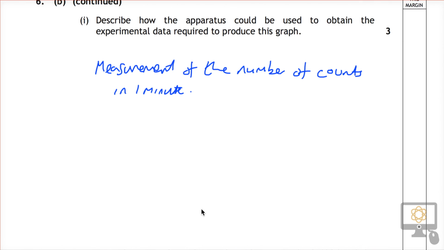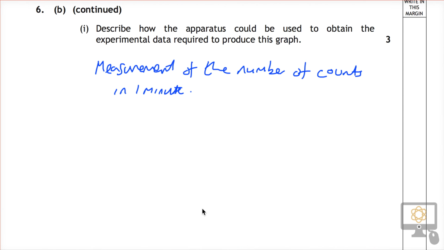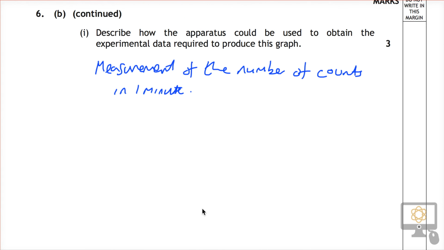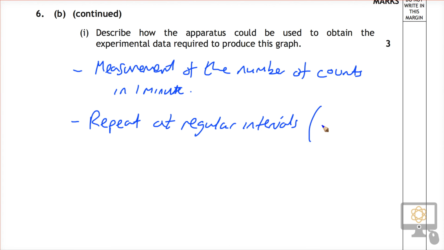So the second statement has to be, we repeat that measurement at regular intervals. So if that's the first one, this is the second one. Repeat at regular intervals, so maybe say 5 minute intervals.